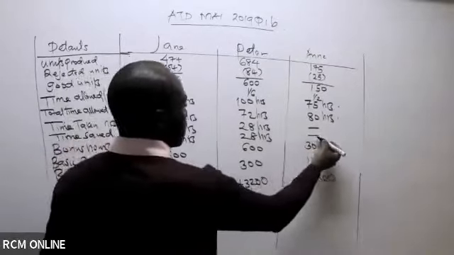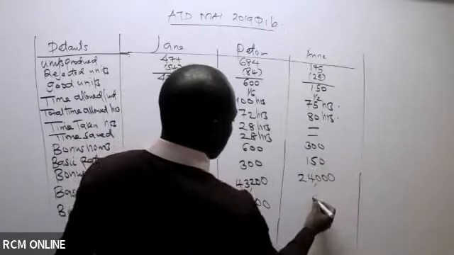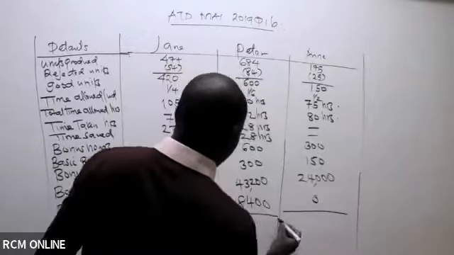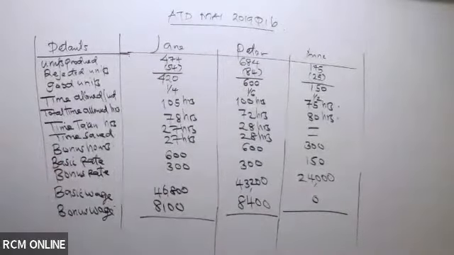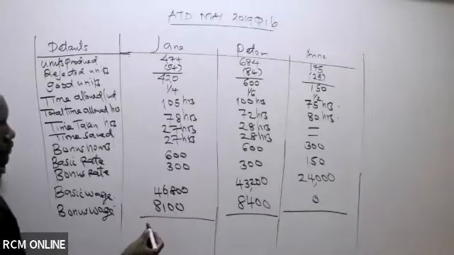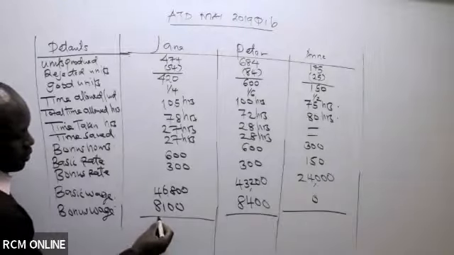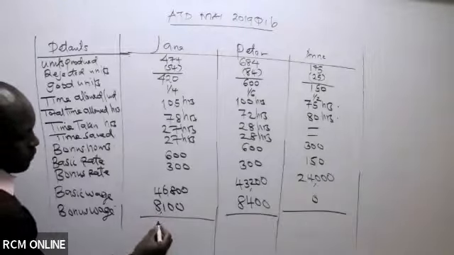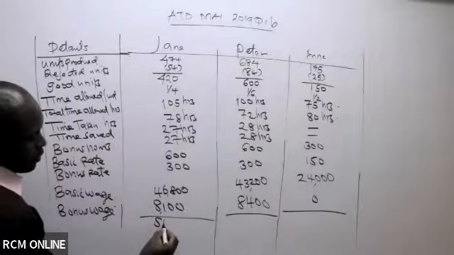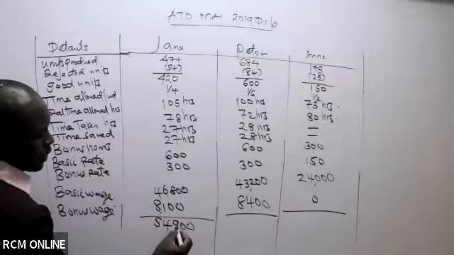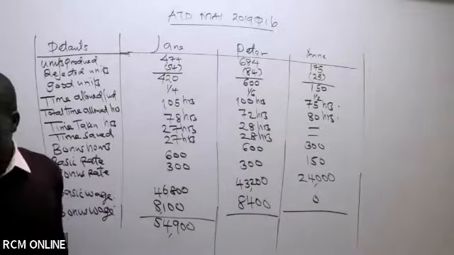Then we don't have bonus hours here, so we don't have any bonus. And then you get the total. This one here will be 54,900.